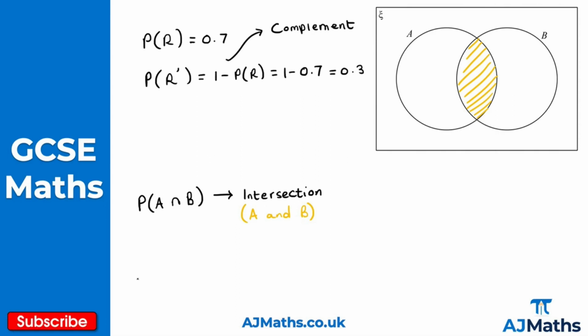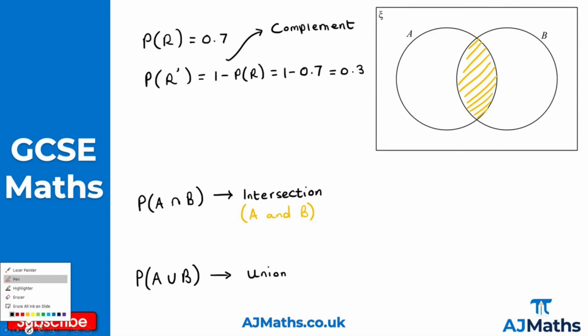If we take a look now at the union, that would be the probability of A union B. This little symbol in the middle represents the union. If we pick a different pen color to highlight this on our Venn diagram, this would be A or B. So where on our Venn diagram would it be A or B?